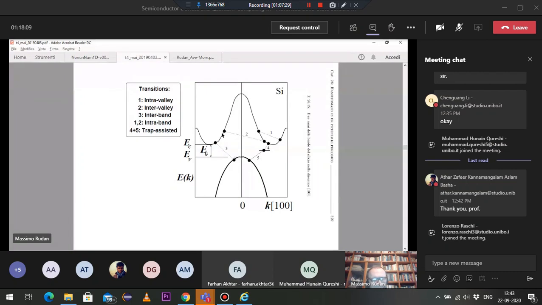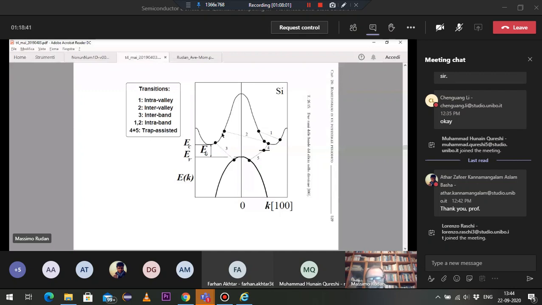So we may consider different categories depending on the fact that the electron will collide with another electron, a nucleus, an impurity, a photon, if there is an interaction with the electromagnetic field, or an interface, okay? So this is the first method for classifying the transitions.